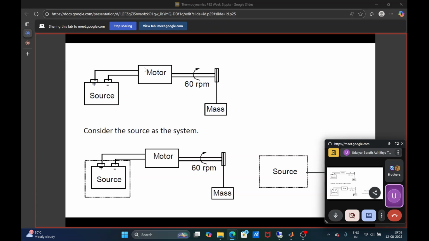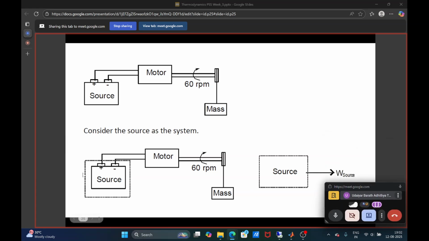You have the source, you have the motor, and then a hoist which is running at 60 rpm and raising a mass. Initially, consider the DC source, which is providing work. That is the only work happening in the source.